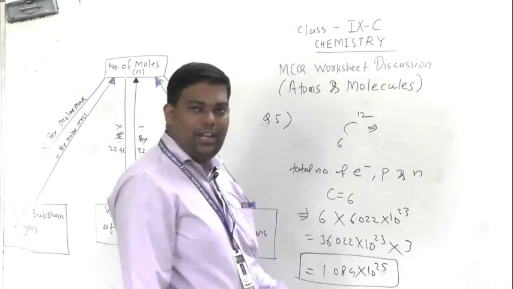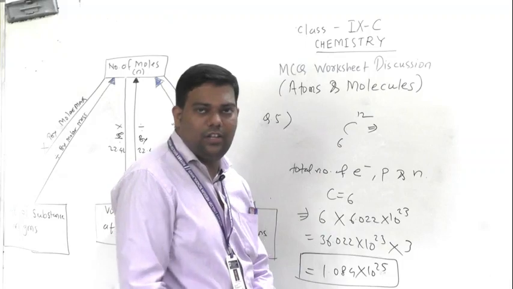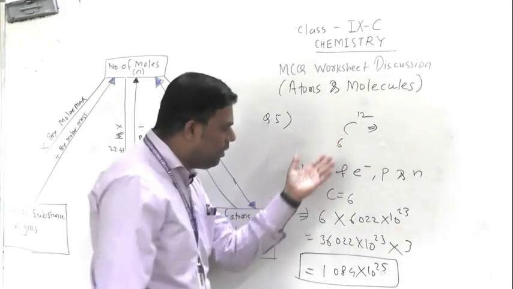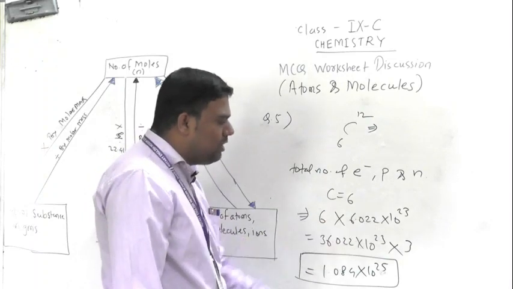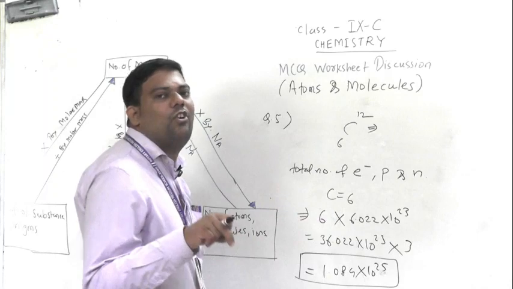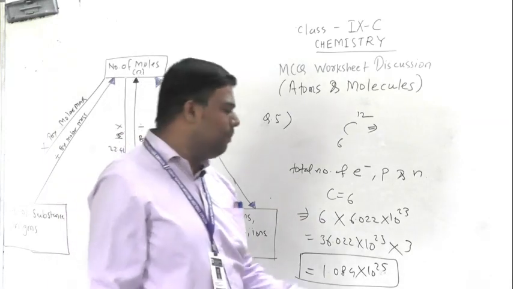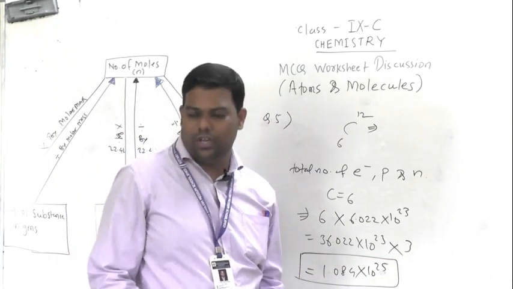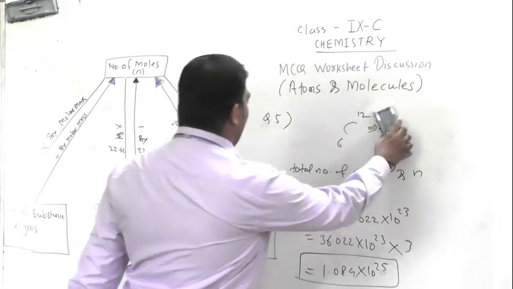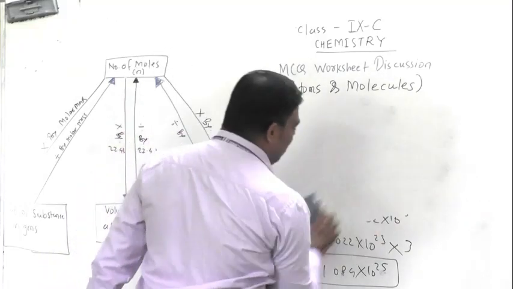We are going to discuss that again in structure of atom also. So: 6 into the Avogadro number, then 3 because a total of 3 quantities are there: proton, electron and neutron. That's why we multiply with 3. Okay, now we will move towards our next question, question number 6.